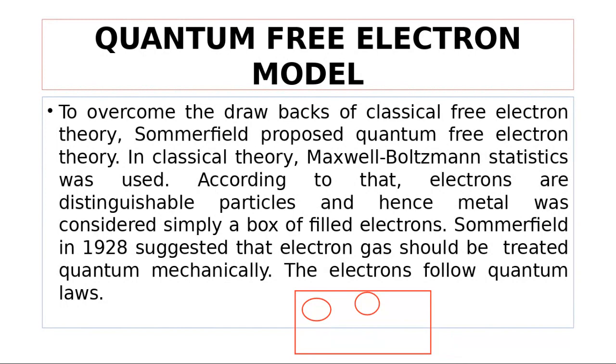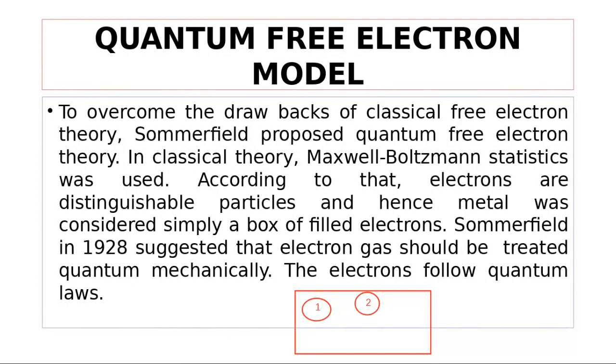According to Maxwell-Boltzmann statistics, if you have two identical particles in the same box, you can distinguish them. It means you can even name them. Suppose I write one here and two here, because classically you have macro-sized particles. Even if they are identical red balls, you can name them.